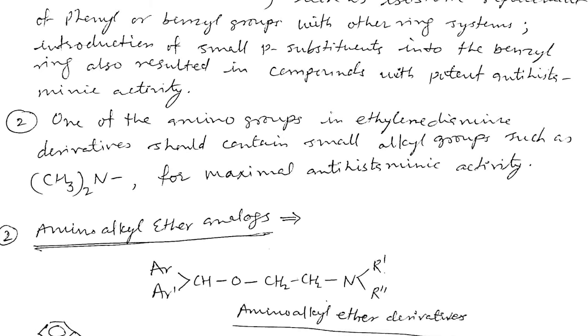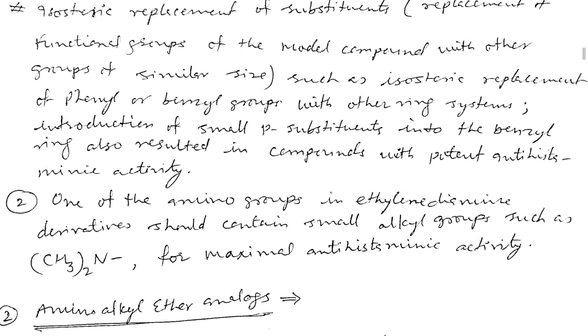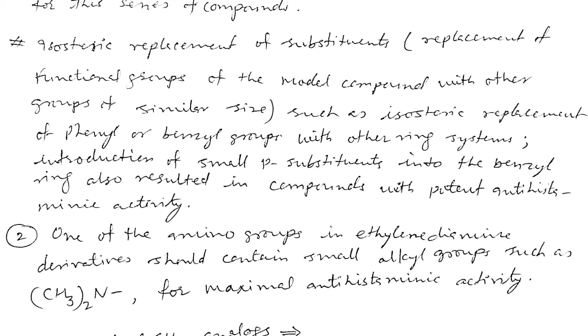The second SAR for the ethylene diamine derivative is that the amino group should contain small alkyl groups, such as the dimethyl amino group, for maximum antihistaminic activity. What do we mean by this? We can draw two conclusions. One, the ethylene diamino group is required for the activity.